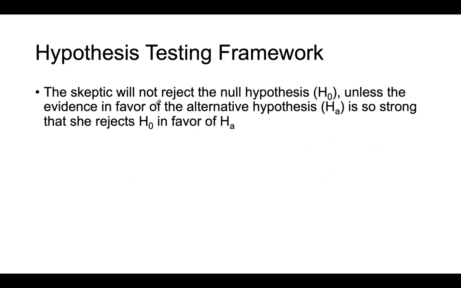So the skeptic will not reject the null hypothesis unless the evidence in favor of the alternative hypothesis is so strong that she rejects the null hypothesis in favor of the alternative. You're looking for enough evidence for the alternative hypothesis that you say no to the null hypothesis.